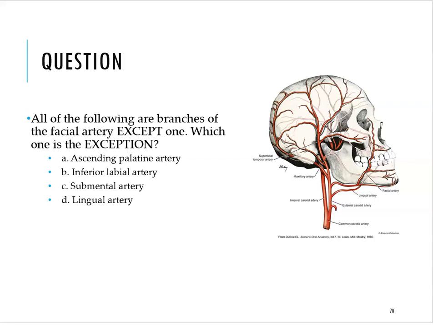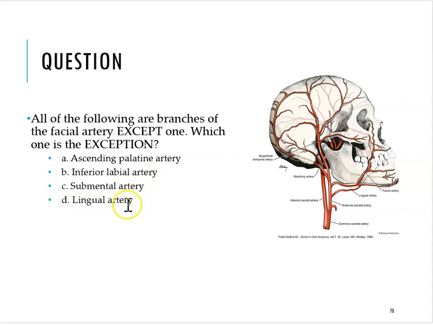So let's look at a possible test question. All of the following are branches of the facial artery except one. Which one is the exception? So this is the facial artery, and you can see it goes all the way to the inner corner of the eye. It's going to the maxilla, it's going to the mandible as well. So what is not part of the facial artery?